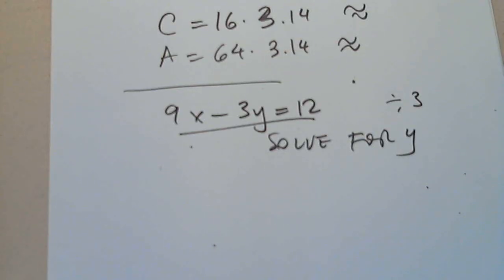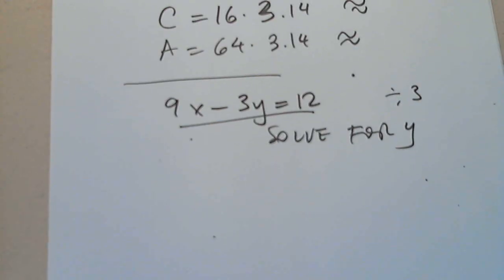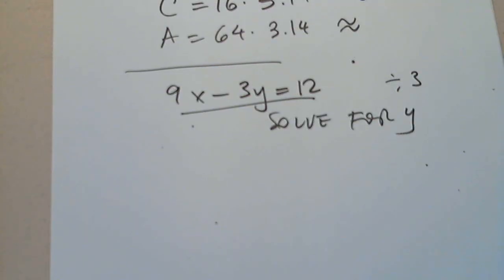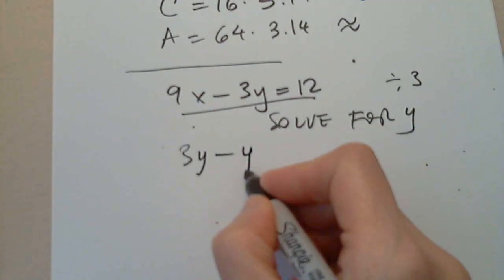Most of the time it is crucial. So when you simplify by 3, what simple equation do we get? Three x minus y equals 4.